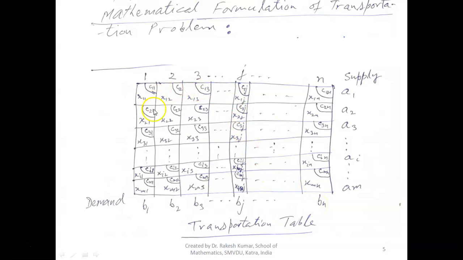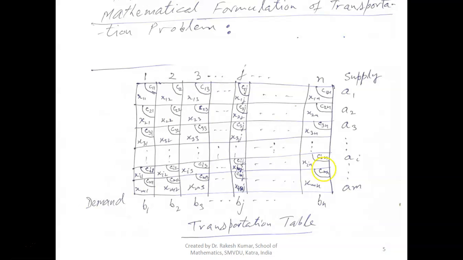Now coming inside the table, here C11, C12, C13, C1j, C1n, similarly proceeding, and I'm talking about ith row, Ci1, Ci2, Ci3, Cij, Cin, and lastly Cm1, Cm2, Cm3, Cmj, and Cmn. All these are per unit costs of transportation from different supply centers to different demand centers.